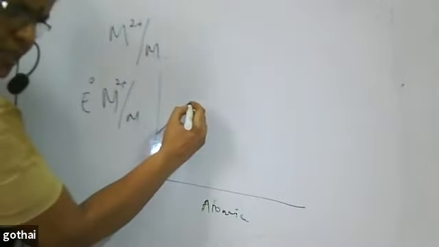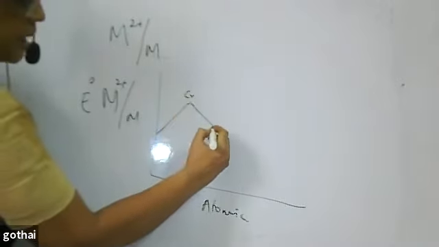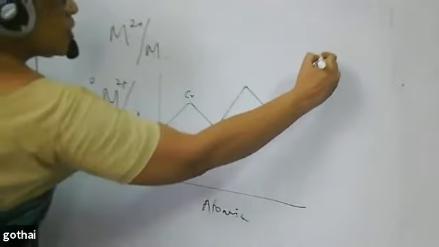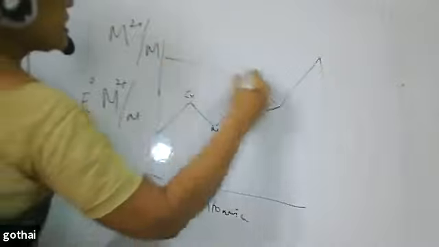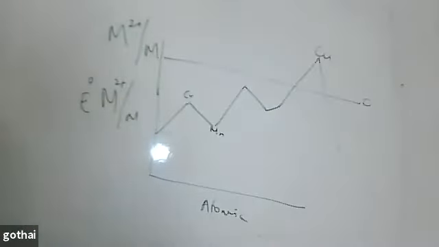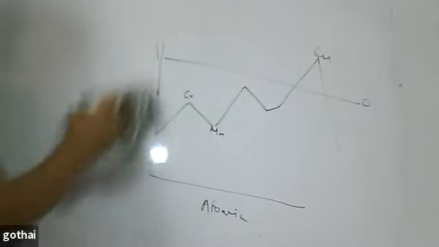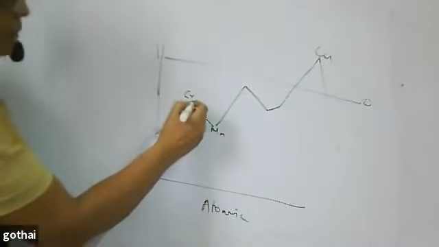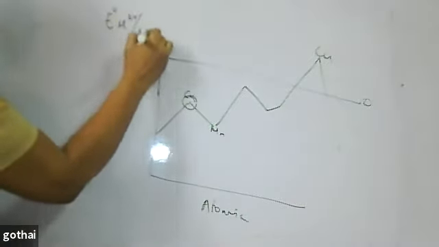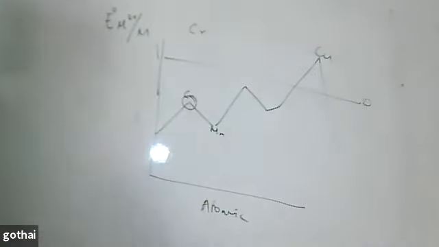This increase is till chromium, then manganese, then you see a sharp increase. If I take this as 0, this is for copper. I can say the E0 value of M2+/M increases till chromium. Why?